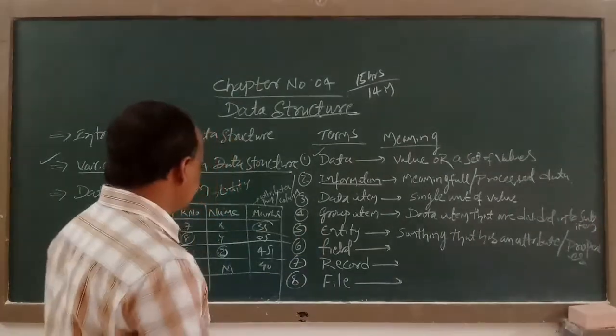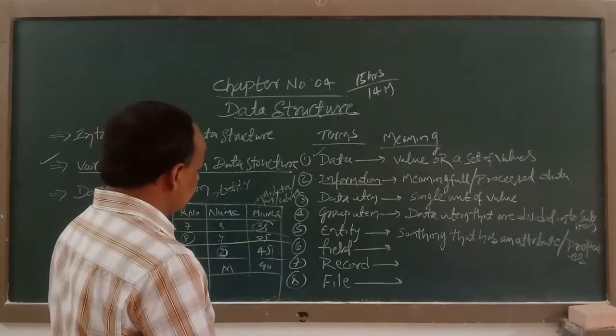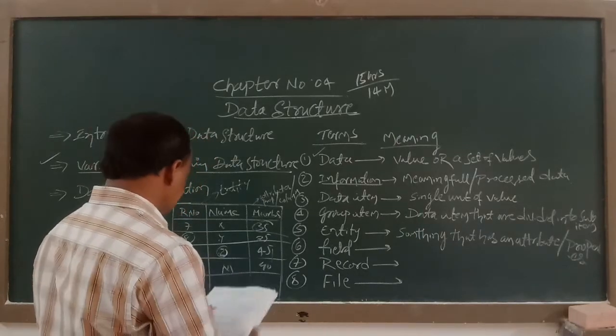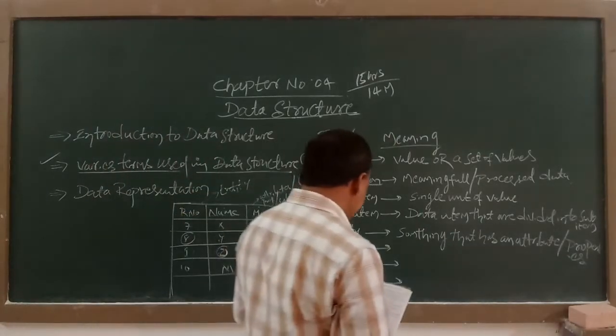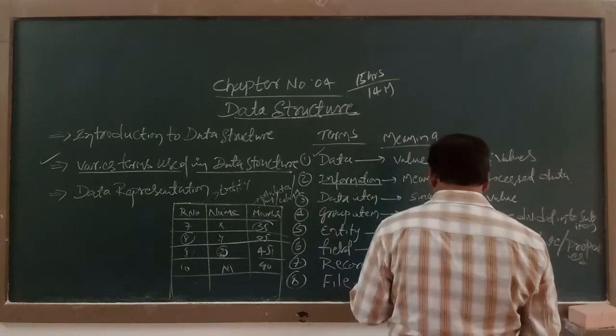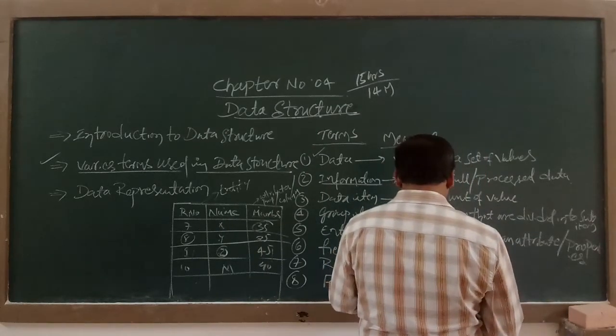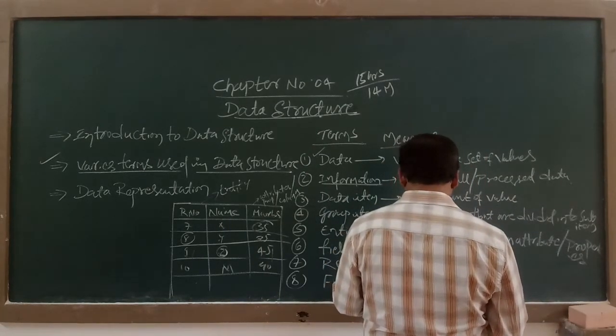And the next one is called a field. What is a field? A single elementary unit of information representing an attribute of an entity.